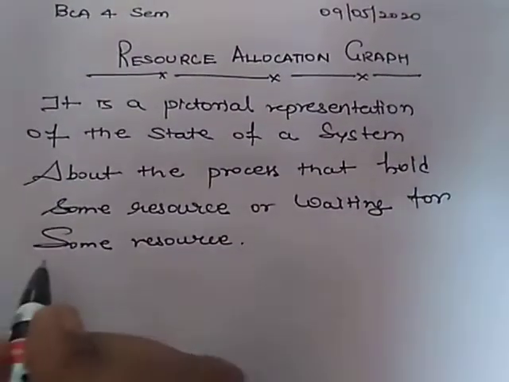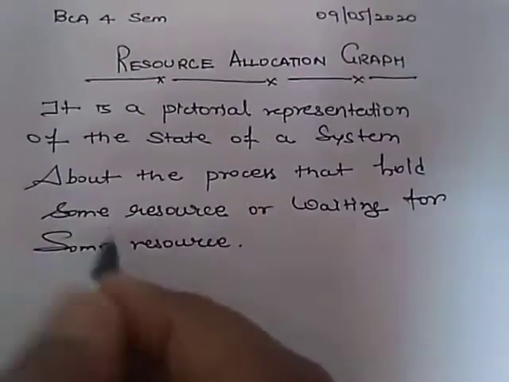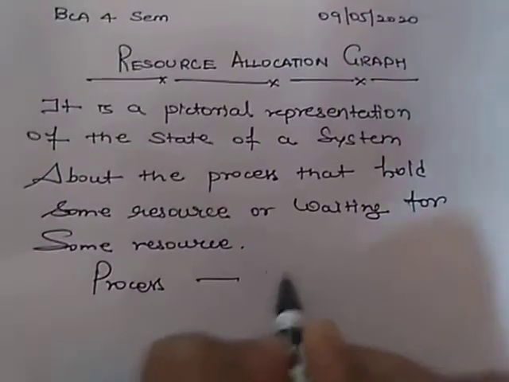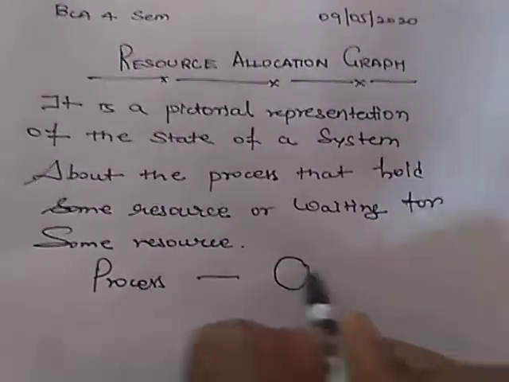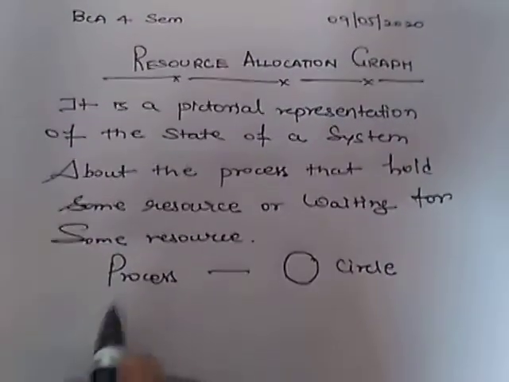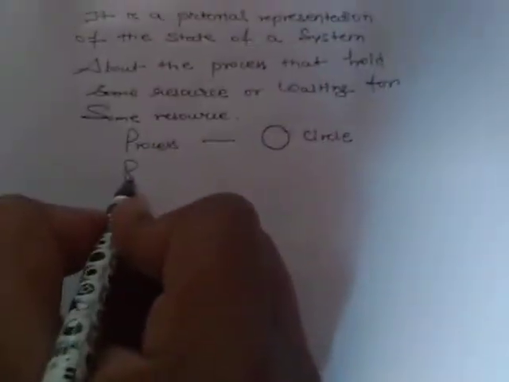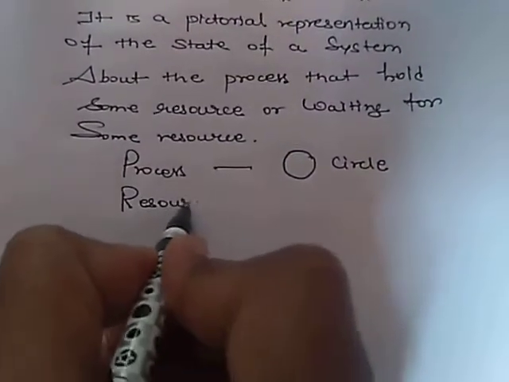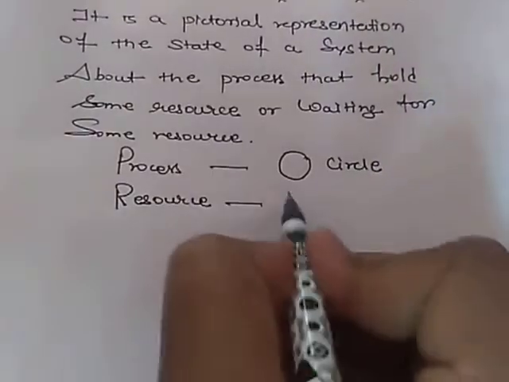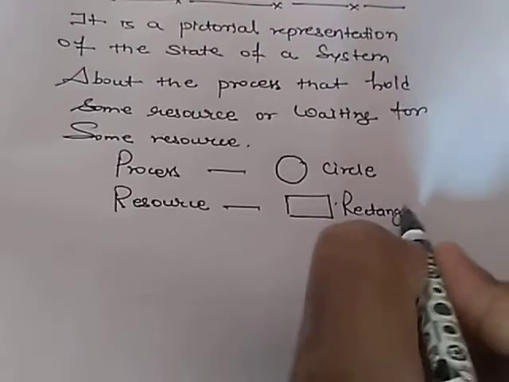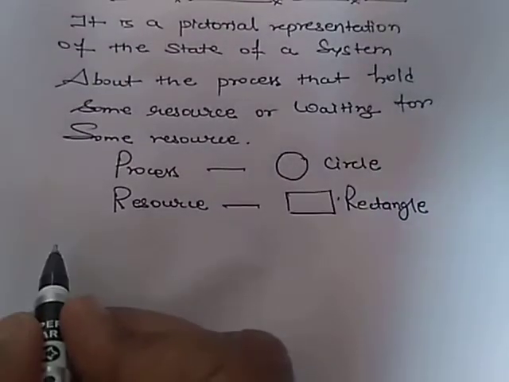Now, in a resource allocation graph, the process is represented by a circle, while the resource is represented by a rectangle.